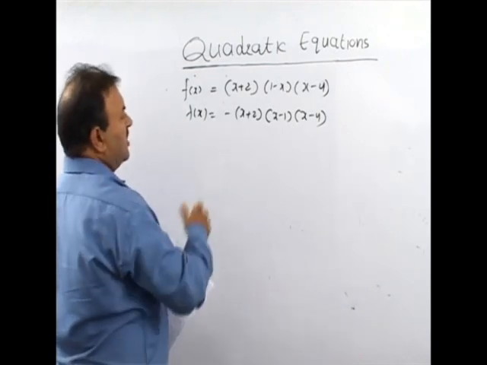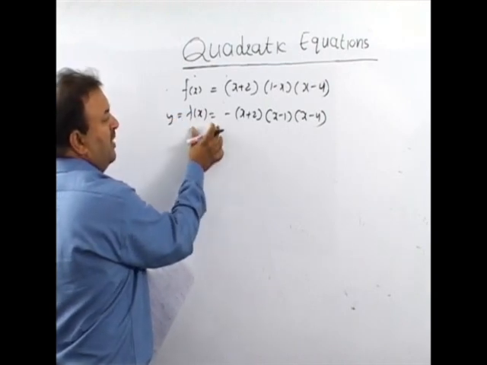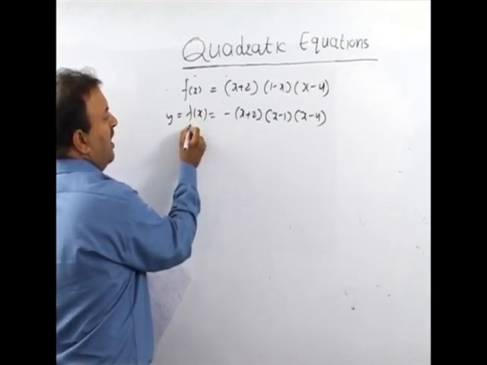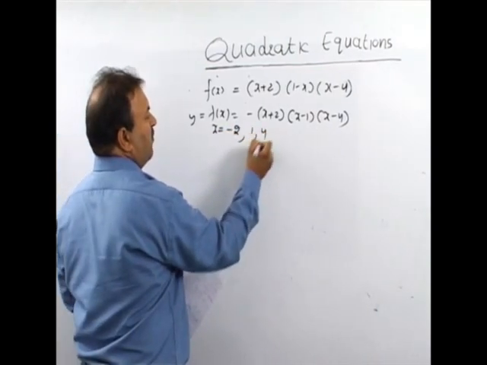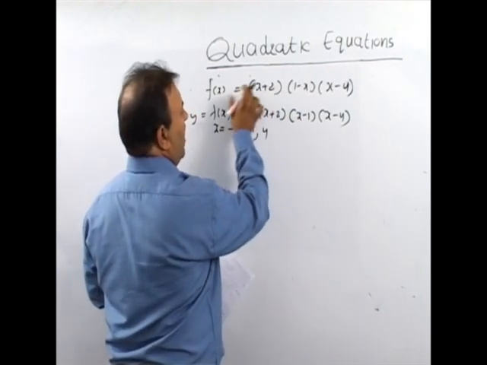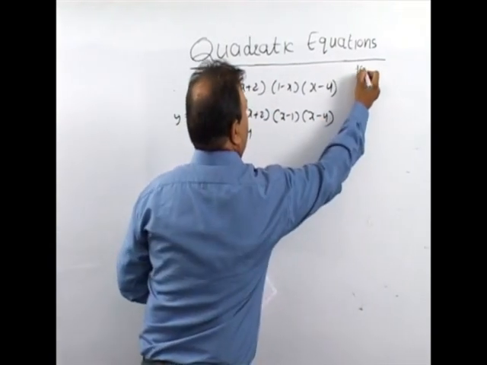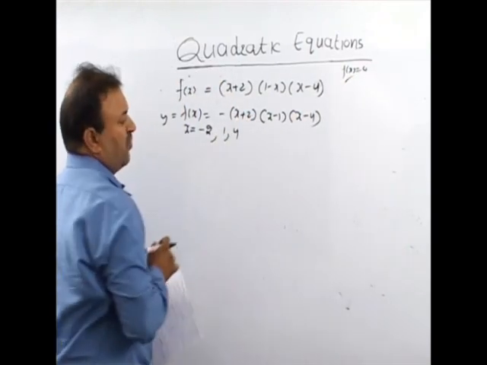Now we take f(x) as y and see where this curve will meet the x-axis. This curve will meet the x-axis at the points x = -2, 1 and 4. Or we can say the roots of the equation f(x) = 0 are -2, 1 and 4.